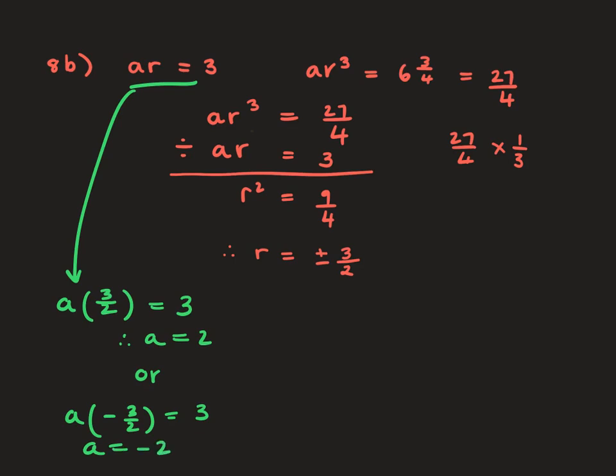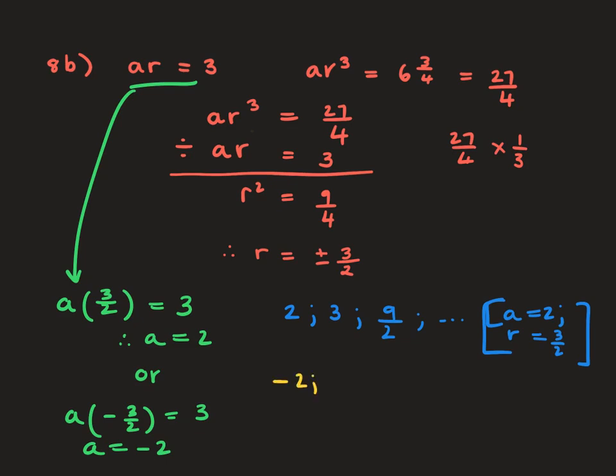All right, so we're actually going to form two patterns here, grade 11s. The one pattern is when a equals 2 and r is 3/2, so we multiply by the constant ratio, 3/2, and we keep going. Then the other pattern that you will form is when a is negative 2.